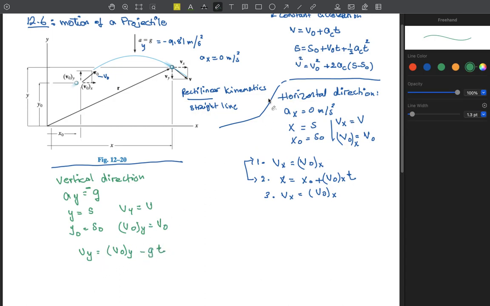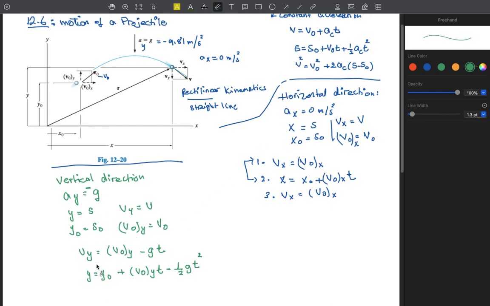The second equation is, this is y. Y equals y naught plus the initial velocity in the y direction multiplied by the time minus, right? So this is minus half gt squared. This is the second equation.